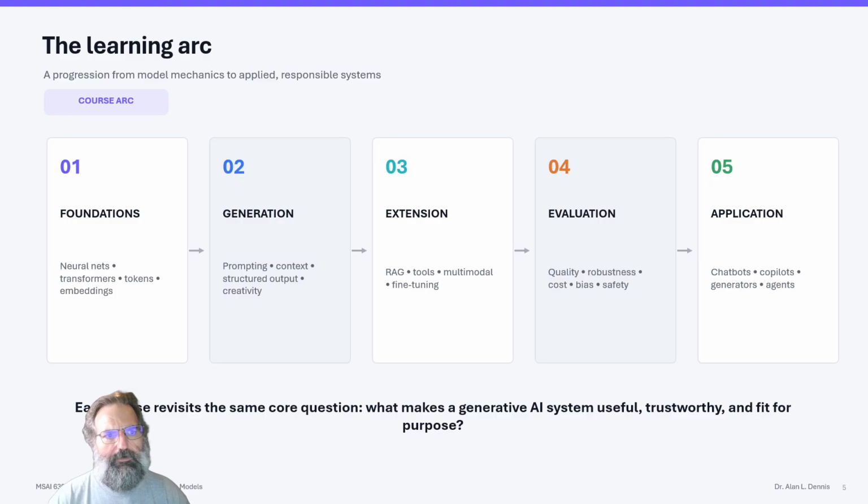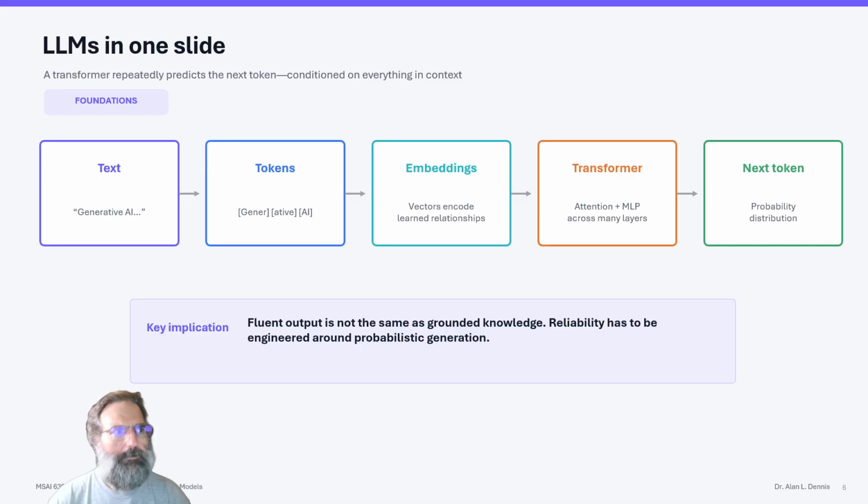Then we move into generation, extending our capabilities by giving them some tools and some well-known patterns, such as retrieval augmented generation, which is probably one of the most popular and useful business solutions of generative AI out there. And then we talk about evaluation, quality, robustness, cost, bias, and safety. And then we talk about application, how we use these things.